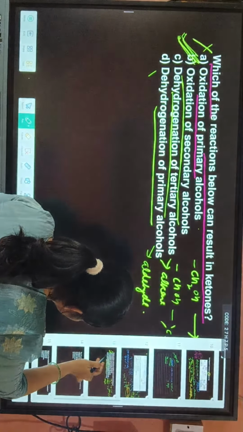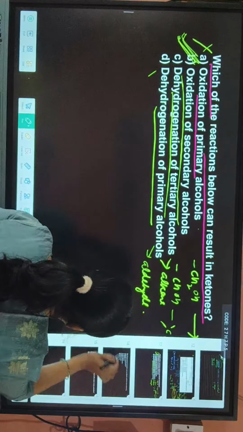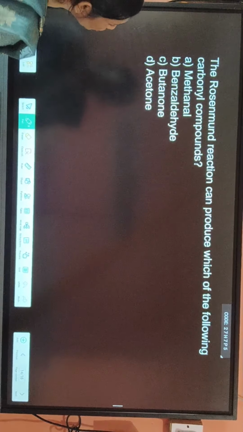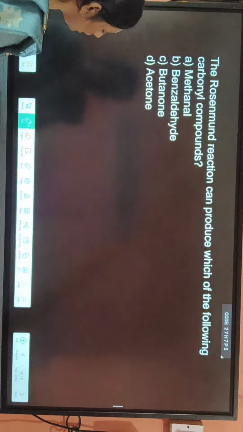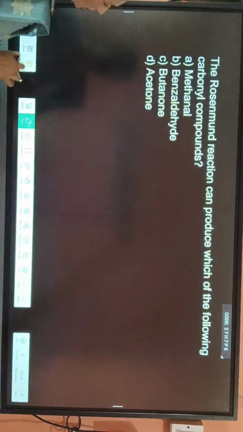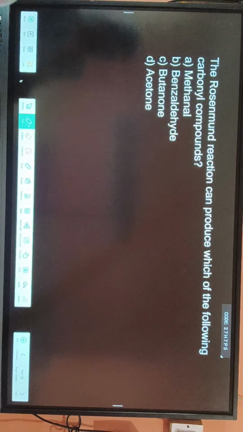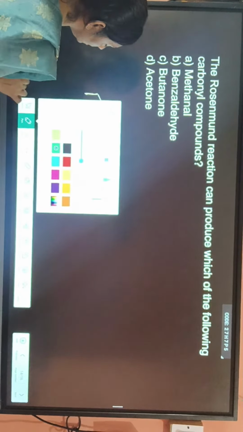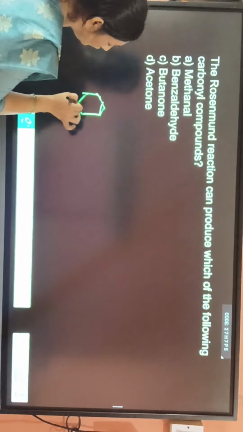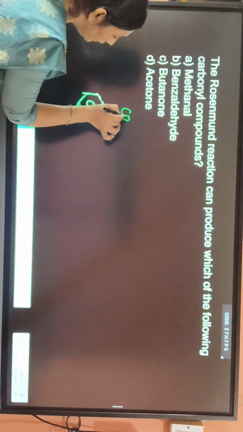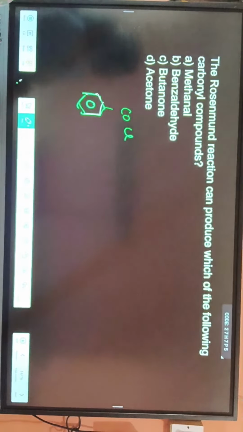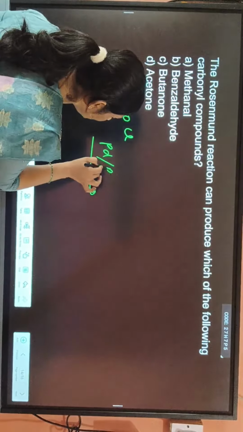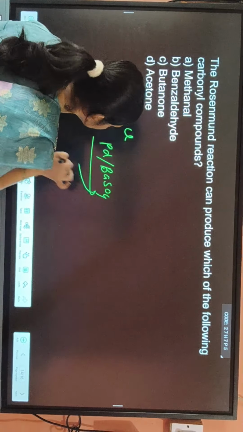Let's see next one question. Yes, some more questions are also there, students. The Rosenmund reaction can produce which of the following carbonyl compound? What is the Rosenmund reaction? When you have benzoyl chloride, you react with Pd BaSO4.